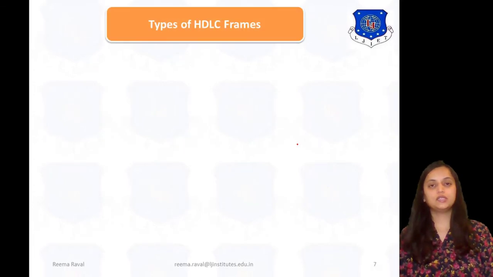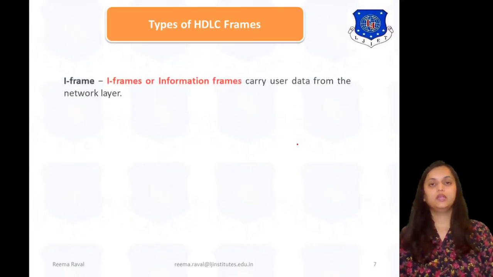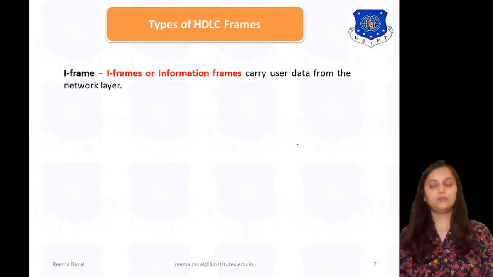Now let us see the types of HDLC frames. There are 3 types of HDLC frames. First one is the I frame, which stands for information frames, which carry user data from the network layer. They also include flow and error control information that is piggybacked on user data. The first bit of the control field of an I frame is 0.